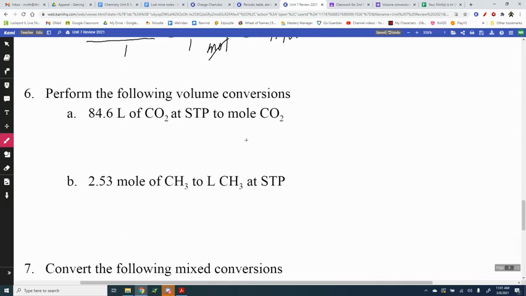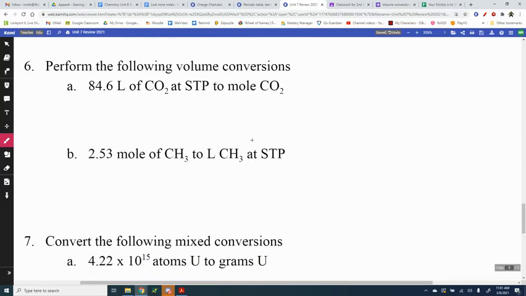So next, we have volume. Okay, so volume is another different conversion factor, but we start the exact same way. We write our given, 84.6 liters over 1. We do our conversion factor, liters on bottom. Our very first conversion is always to moles, so we put moles on top. 1 goes next to moles.